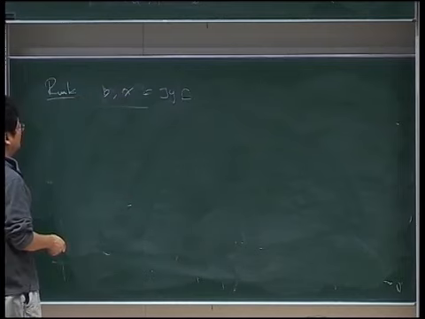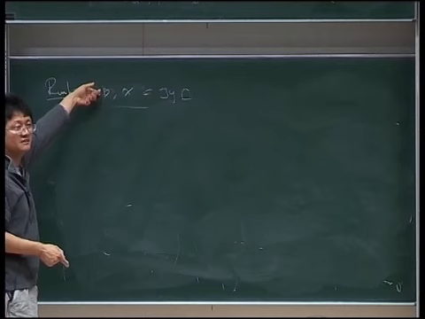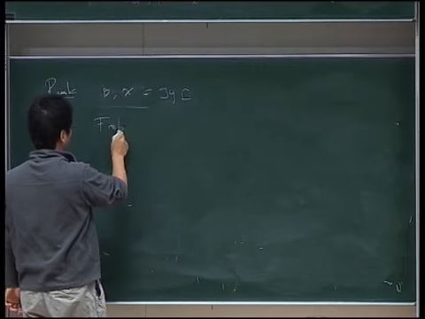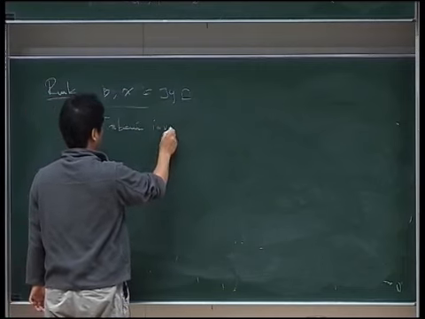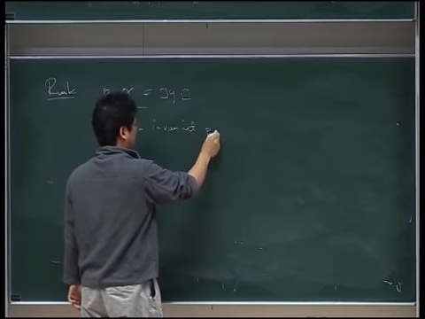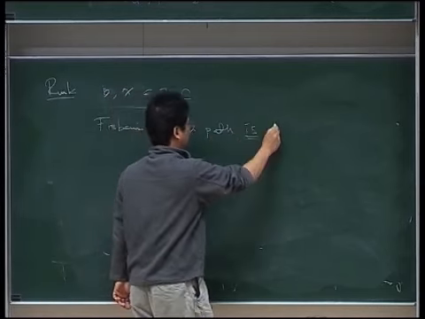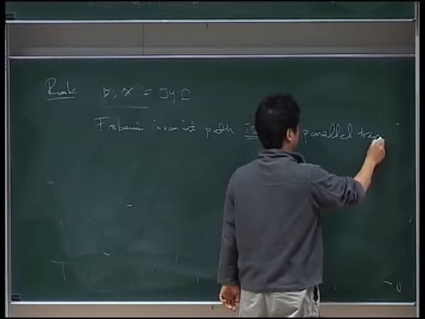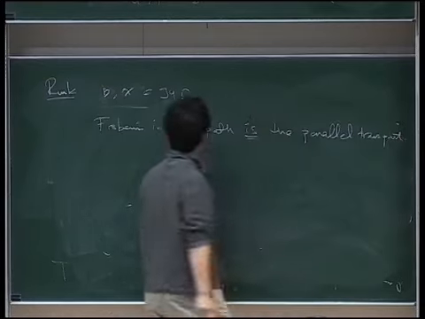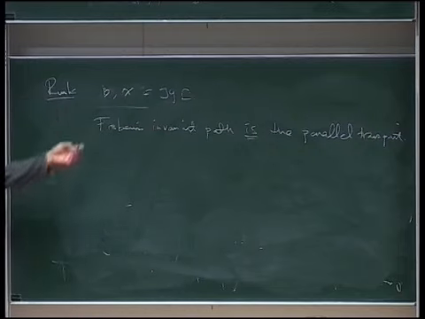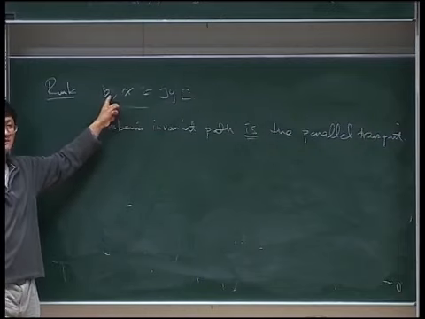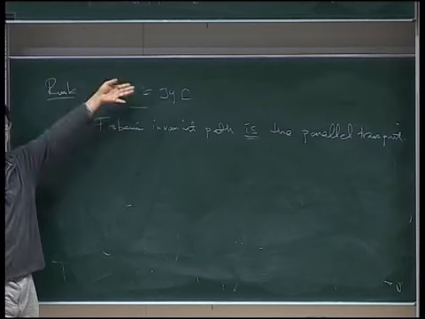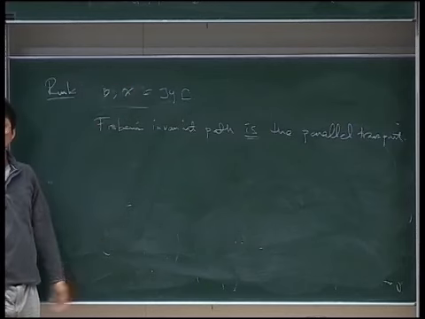But suppose X is inside the same cube as B, then the Frobenius invariant path is the parallel transport discussed earlier. That's all it is. You take any base vector at B, and find the flat section with value that vector, and then take the value at X. That's the Frobenius invariant path.